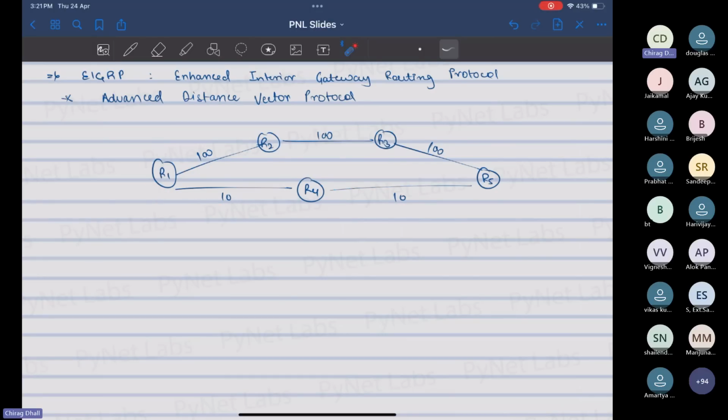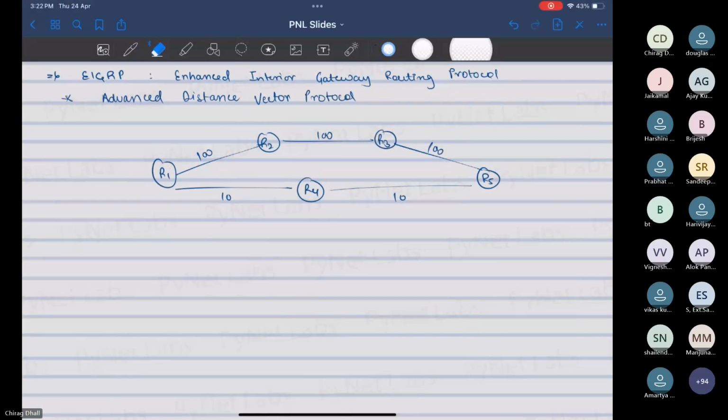What exactly is considered while metric calculation is something we'll discuss later on. As of now, just understand that it is called advanced distance vector protocol because it not just considers the distance, but also the bandwidth which the link is offering.